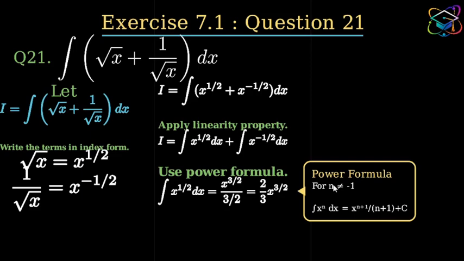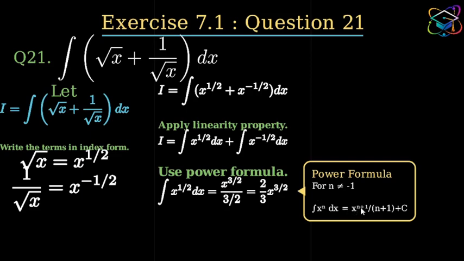What is that n? n is the power of x. Here the n value is half. So n plus 1 means you have to add half plus 1. Half plus 1 will be 3 by 2.